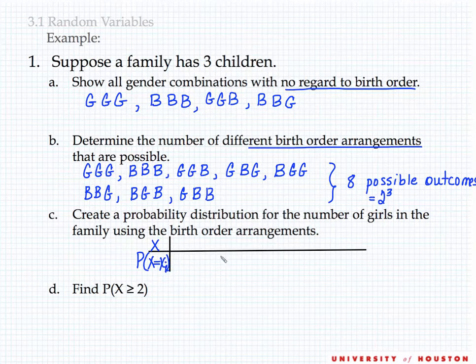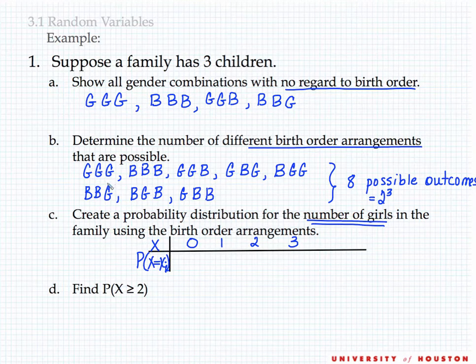So x equals x sub i. So I want to make a probability distribution for just the number of girls in the family. Well, we can have no girls, 1 girl, 2 girls, or 3 girls in a 3-children family.